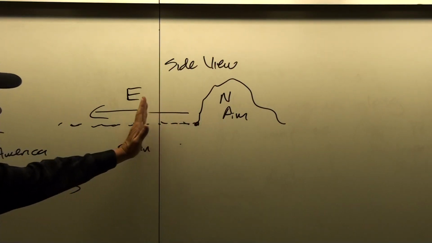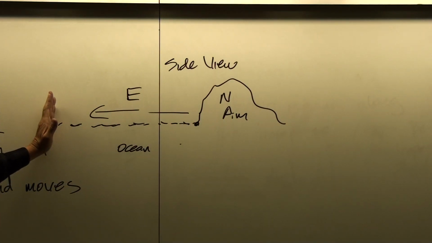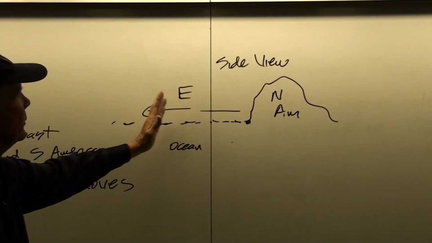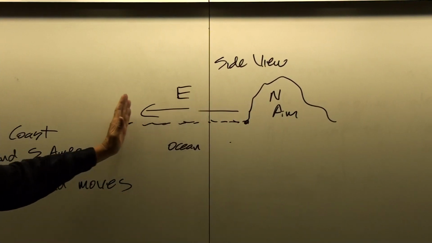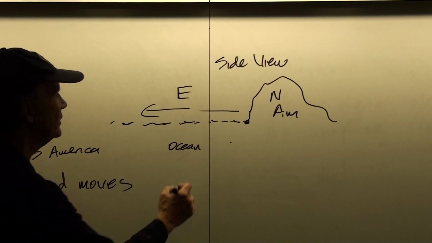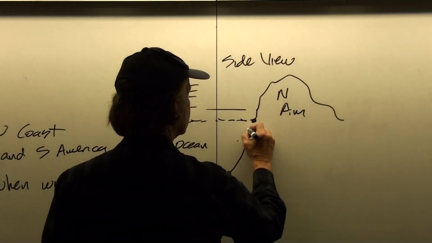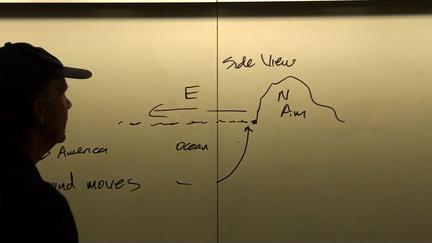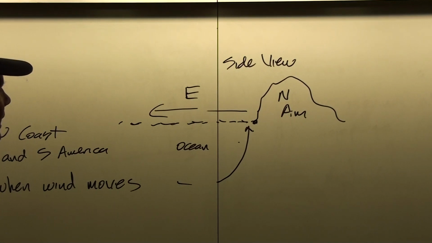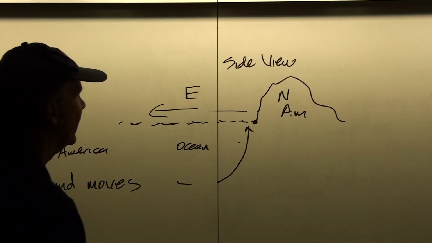Okay, and so by pulling the ocean away from the landmass, basically driving the ocean out in this direction, this encourages cold bottom water to rise up.